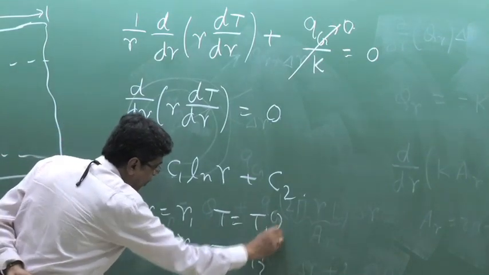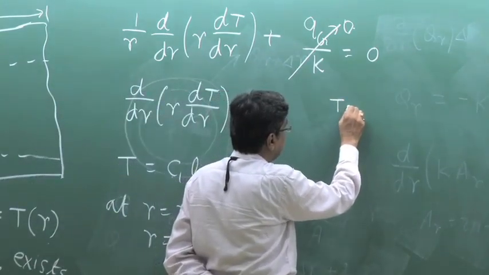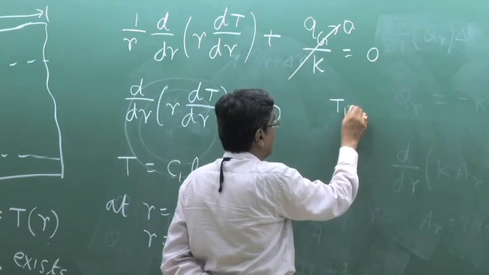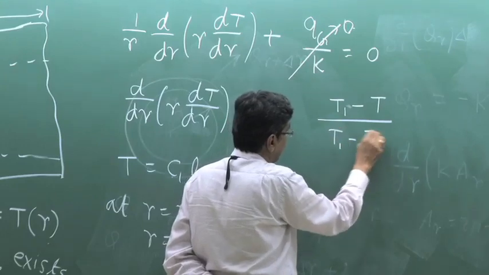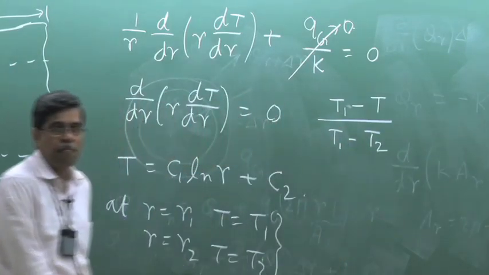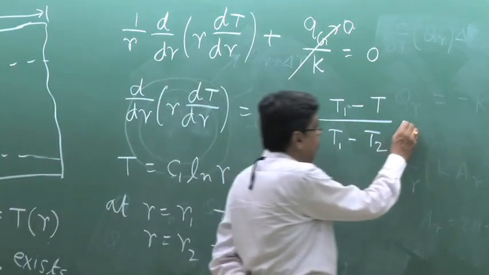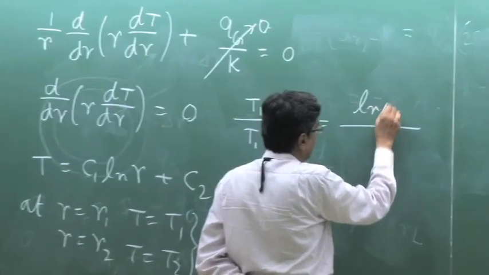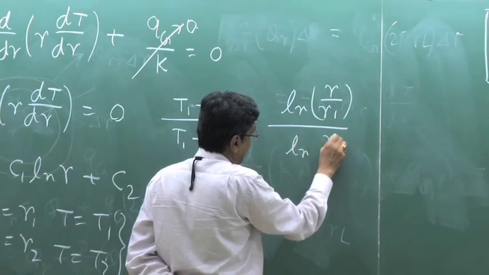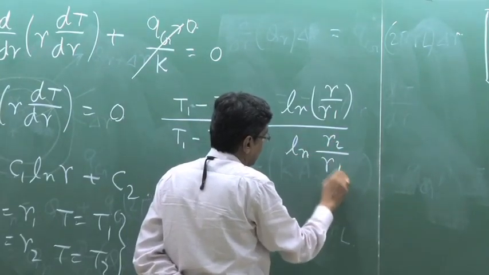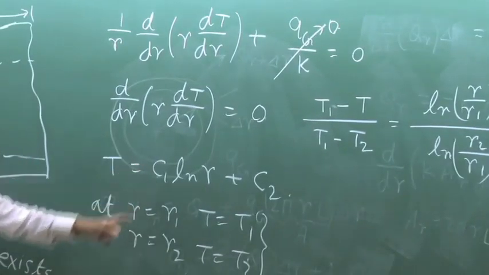And if you use these two boundary conditions, you get a temperature distribution: T1 minus T divided by T1 minus T2, where T1 is the inner surface temperature, which is higher than T2, is equal to ln r by r1 divided by ln r2 by r1. It is very simple that you substitute this to find out C1 and C2.